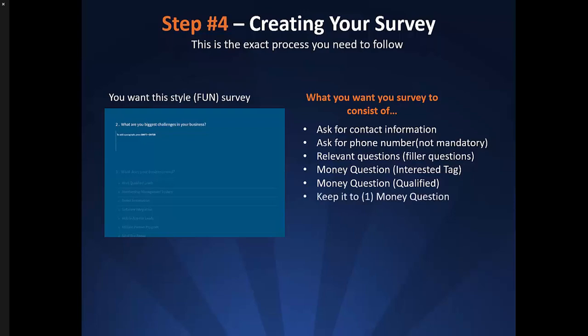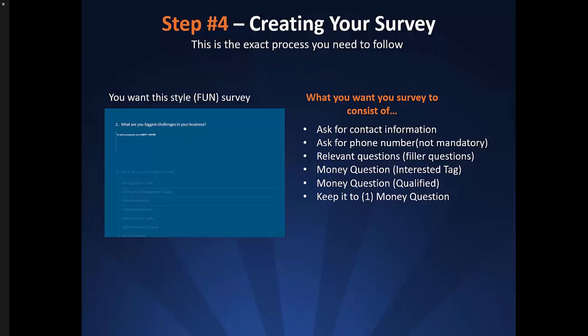Now, I recommend that you keep it to just one money question per survey. 95% of that survey is going to be relevant questions according to the niche or the topic that you are focused on. They're going to help you determine how to market to that prospect, and they're going to help your sales team on the phone. Then you want to have one simple money question.